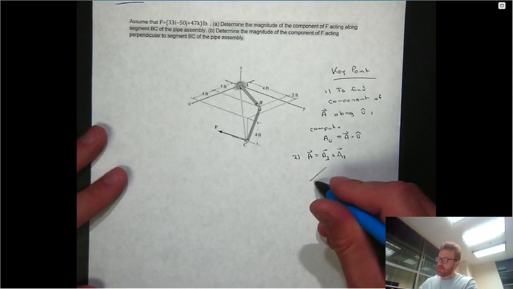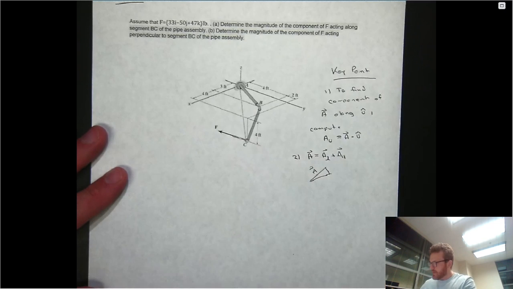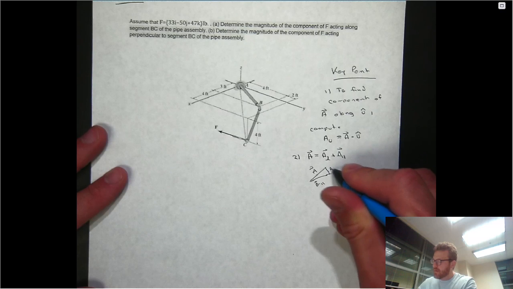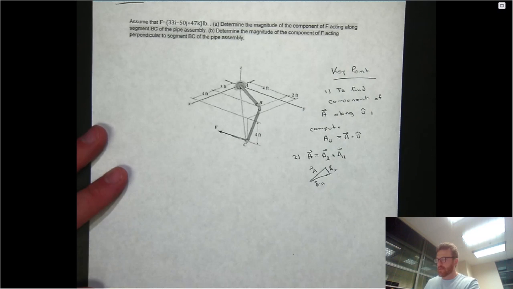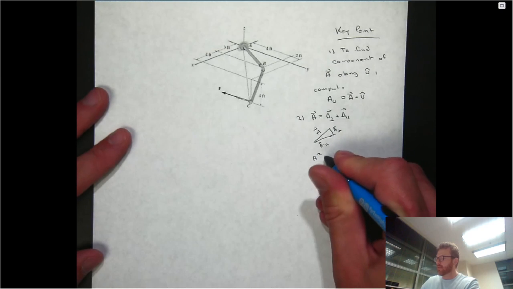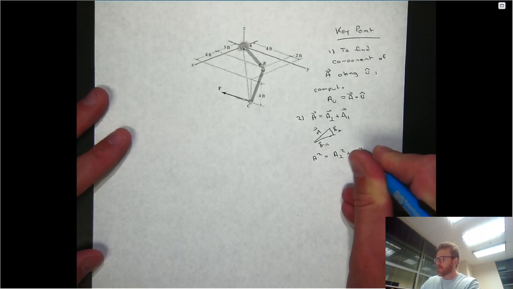You can just think of it as a Pythagorean theorem type thing. So remember, if I lose the vector notation and just talk about the magnitudes, what that means is that I can write A squared is A perp squared plus A parallel squared.